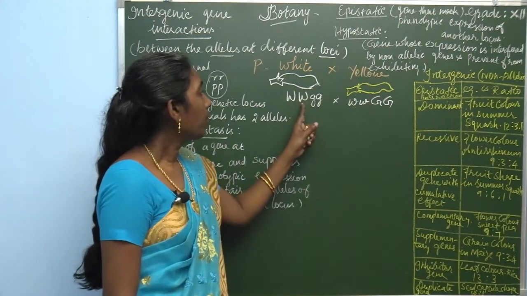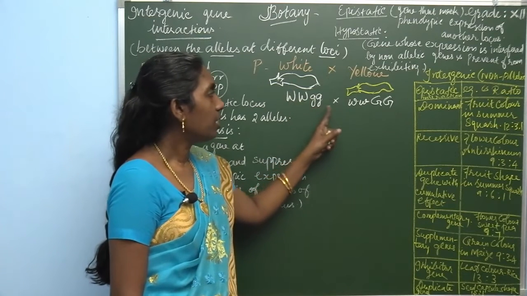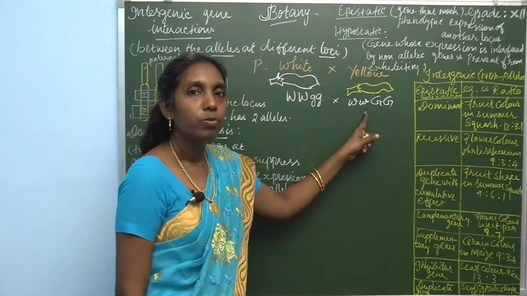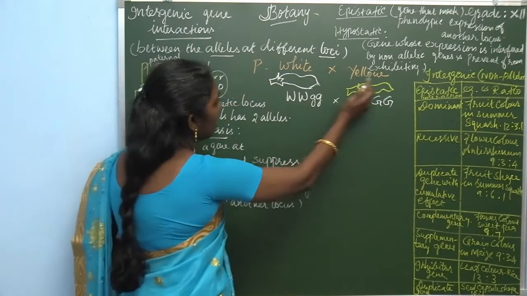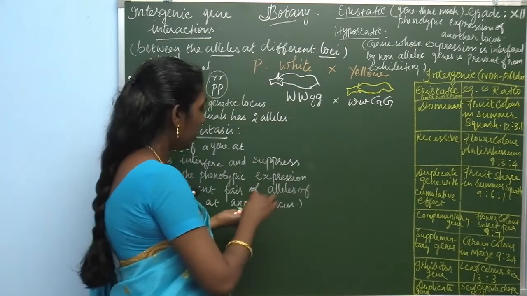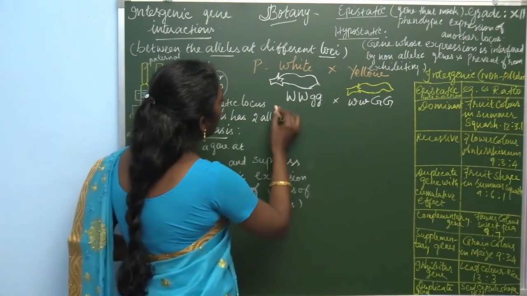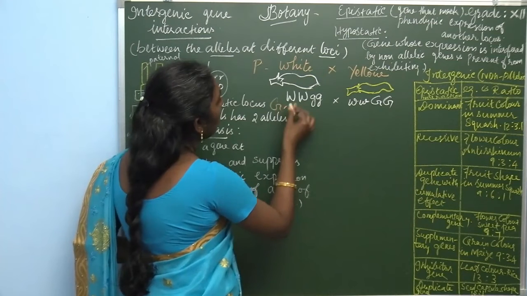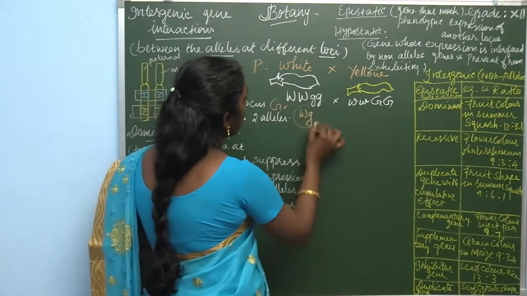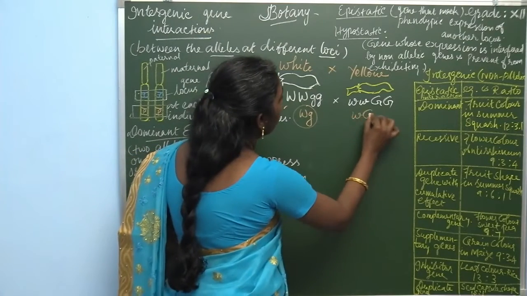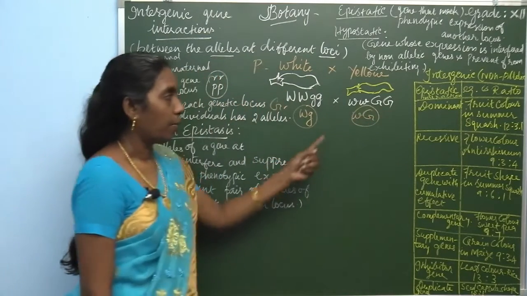So capital W, small g and small w, capital G. And what are the gametes? From here, take out the gametes: capital W, small g, and small w, capital G.